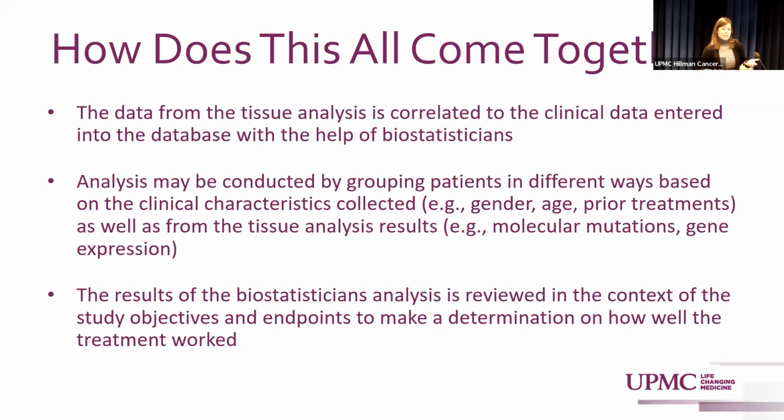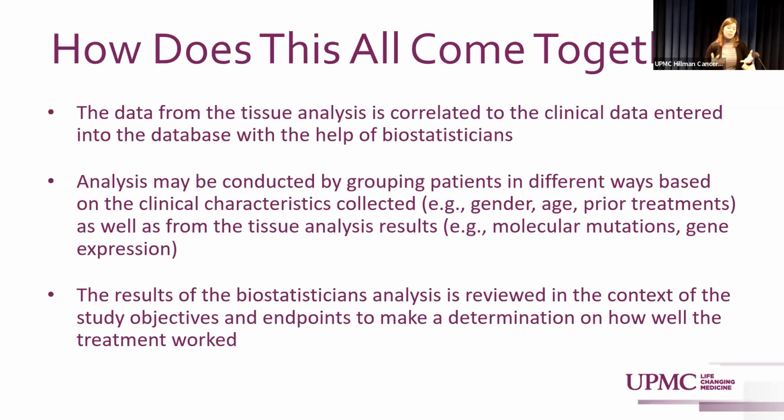So again, how does this come together? The data from the tissue analysis is correlated with the clinical data that we were looking at. And the biostatisticians are the ones that help us do the analysis and see, are we seeing trends? Is it more than just random chance that we're seeing these results? The analysis can be conducted grouping these patients differently based on their characteristics. So, do men do better than women for a particular treatment? Does age matter?